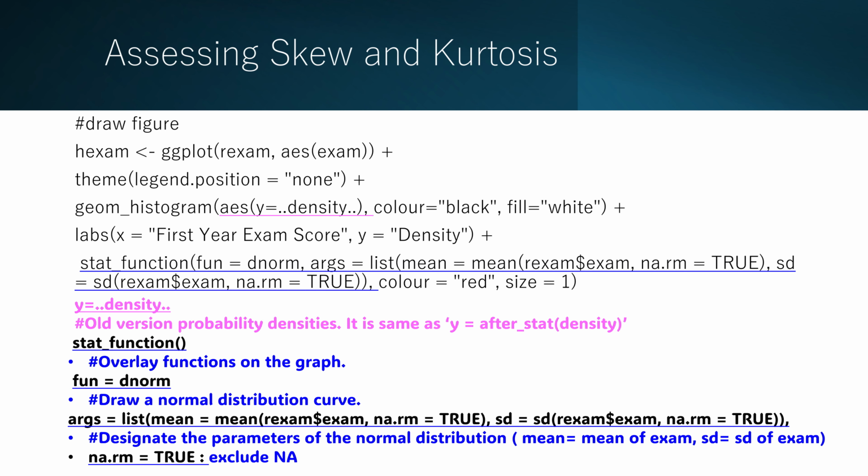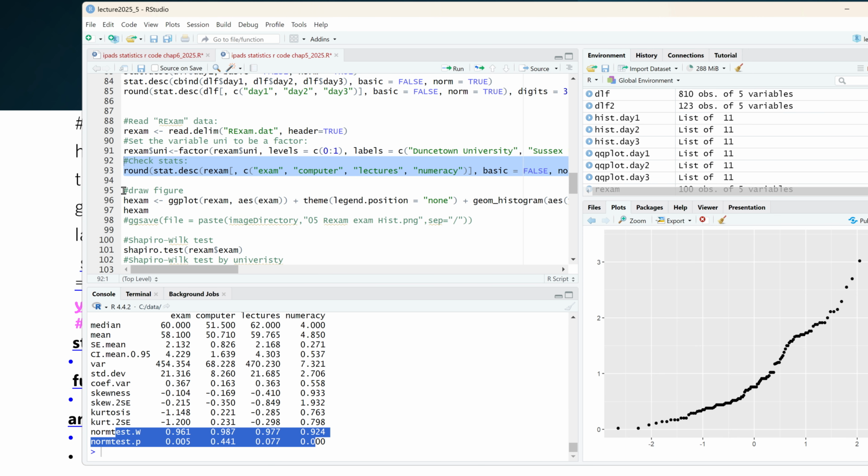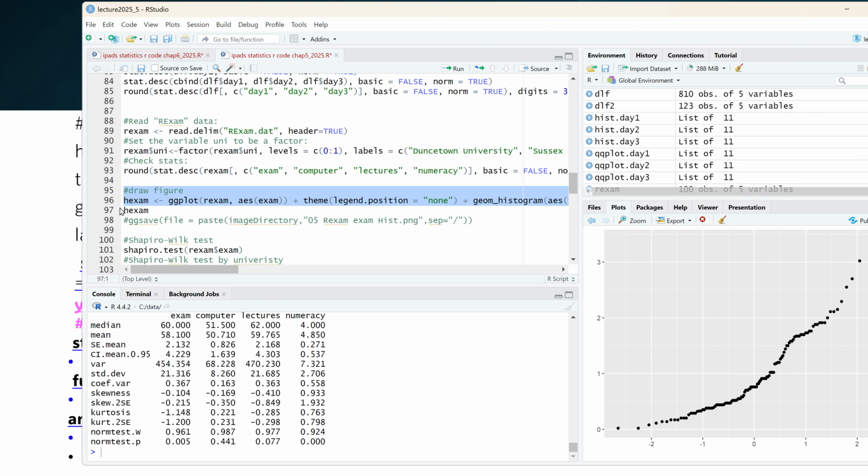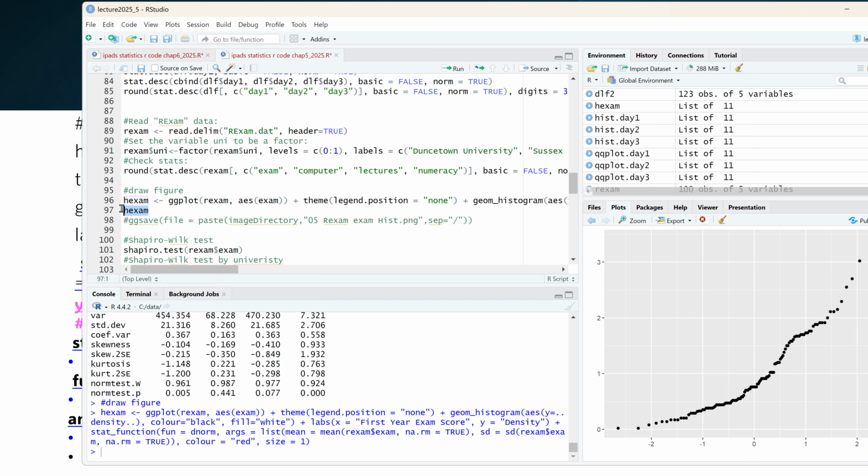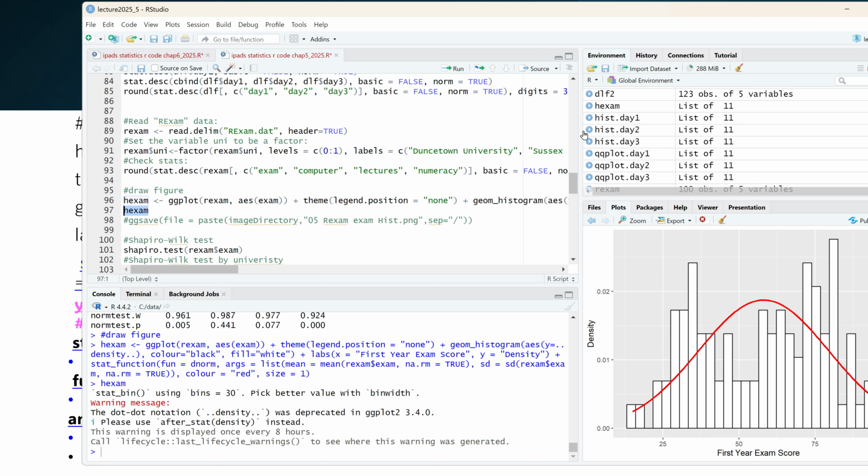Okay, I would like to check by R. This is the ggplot2 command for the exam and we can get a result like this.